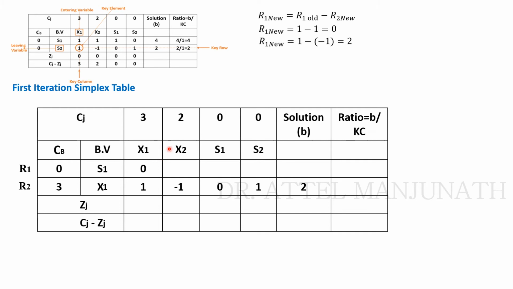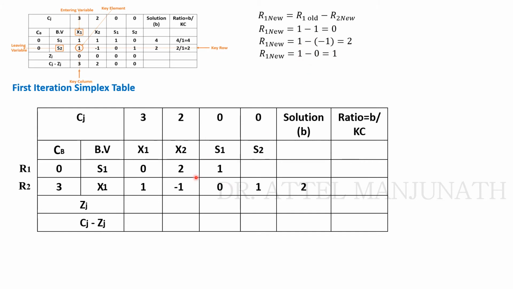Similarly, you take the next element, the second element of row 1, which is 1, minus of minus 1, the value of row 2 new is -1. So 1 minus of -1 becomes 2. Write down the 2 here. Similarly you can calculate this one: 1 minus, the old element of row 1 is 1 and the new value of row 2 is 0.